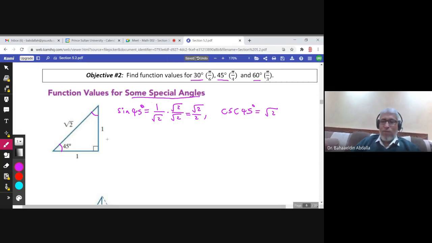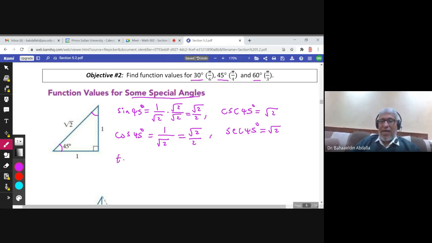Now, cosine 45 is the adjacent over the hypotenuse, so it is exactly equal to the sine because it is 1 and 1. And secant 45 is also square root of 2. If you use the calculator, it will give you these answers.